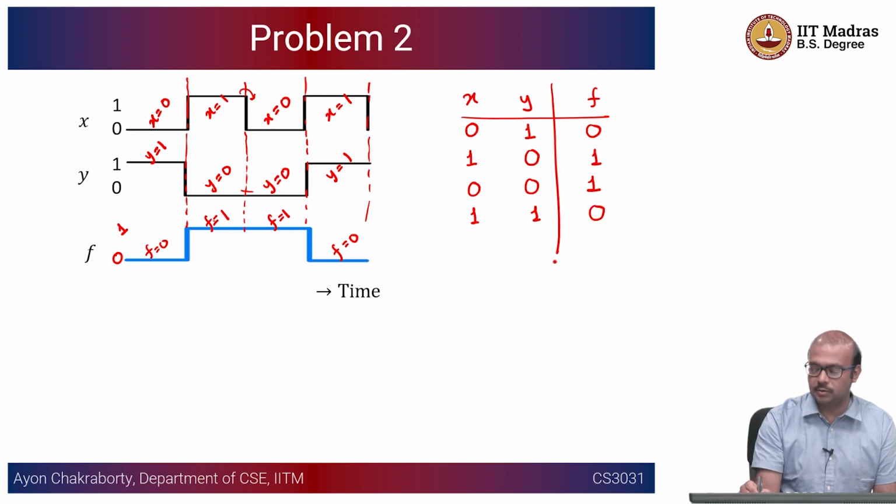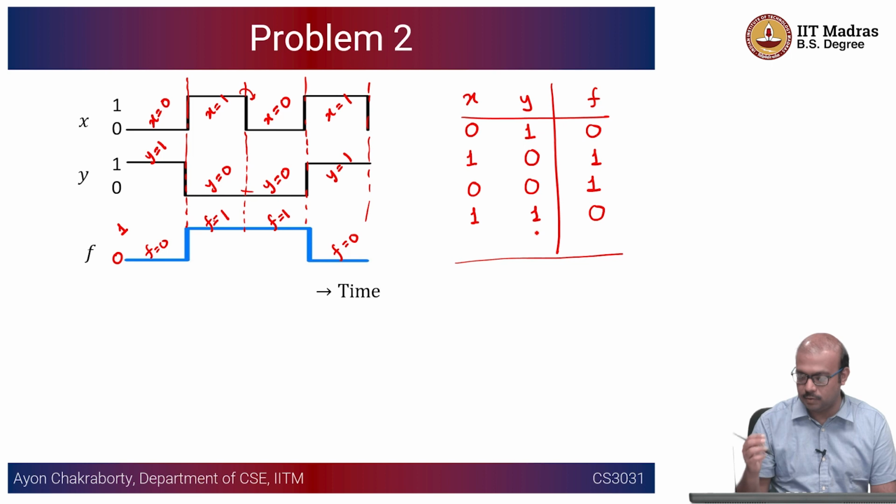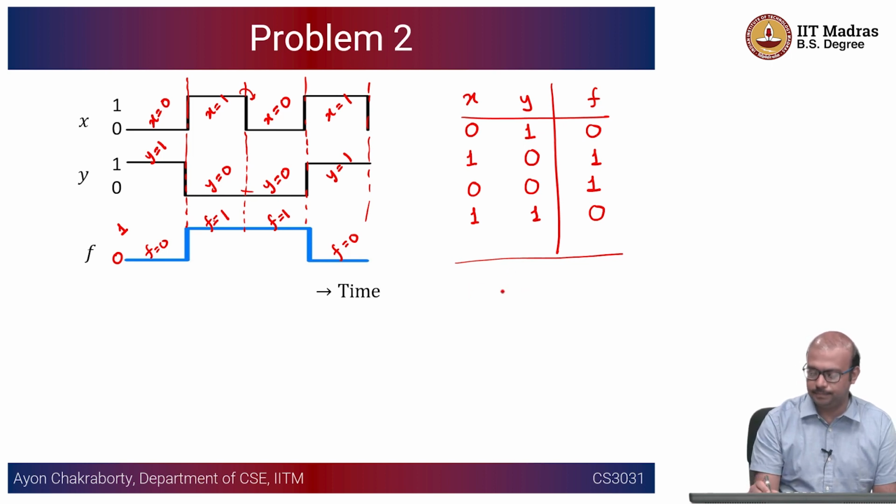Okay, so you can try seeing, probably I do not directly see that there is an underlying gate. We can just write the min terms, right? So these are the two min terms that we need to choose.